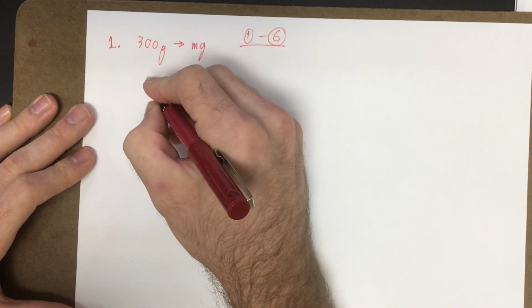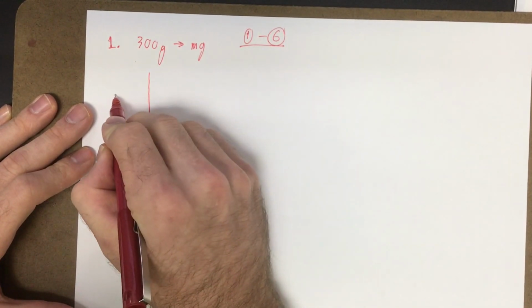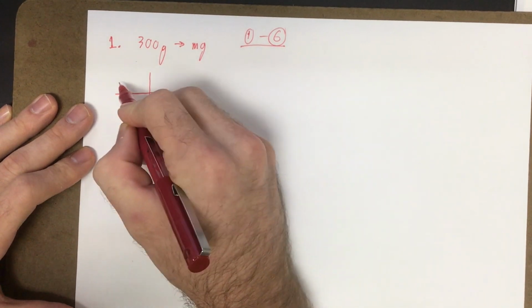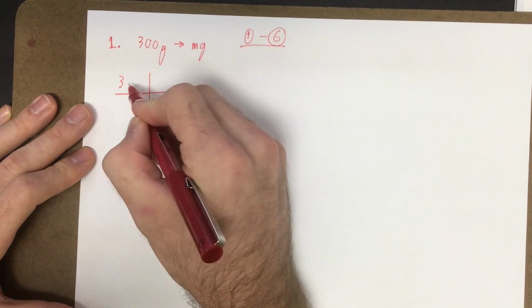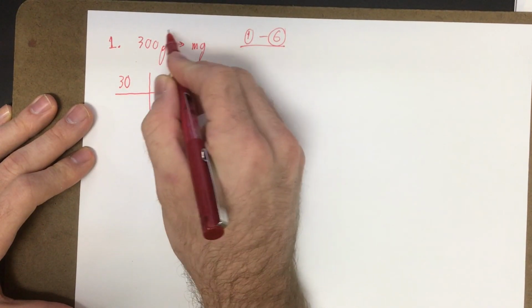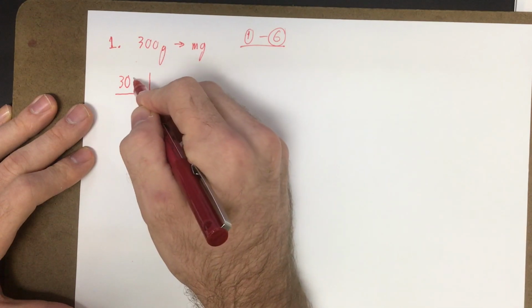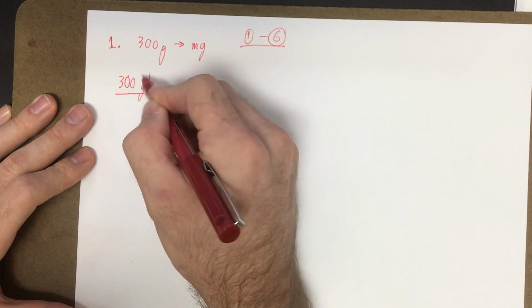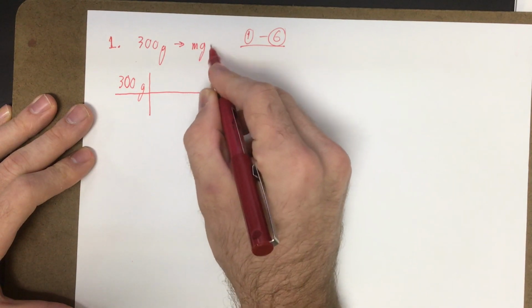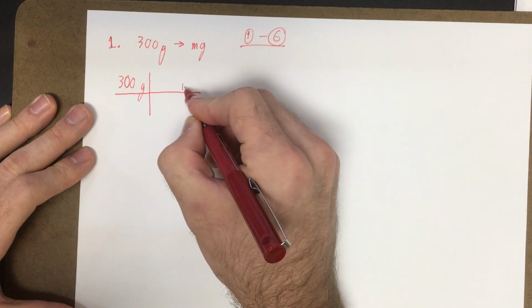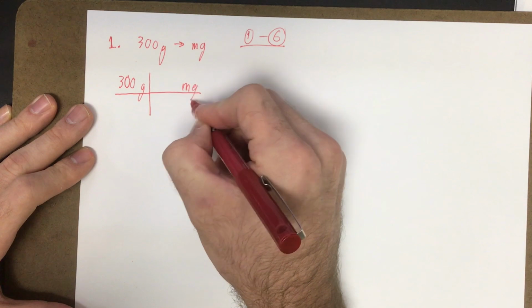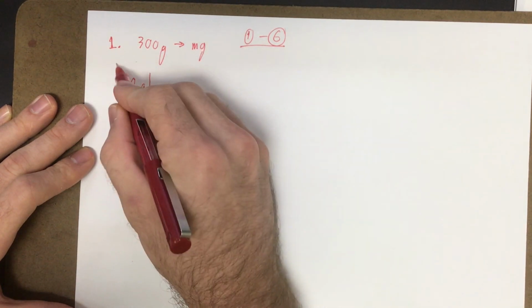Now, the first step is always to set it up, okay? So I set up by just filling in what I have. Everything in front of the arrow is going to go in this square, and then what comes after the arrow is going to go in this second top square, okay? And that's step 1.